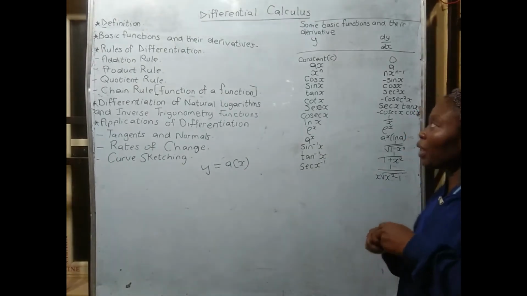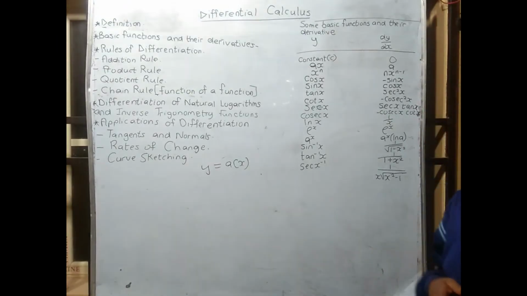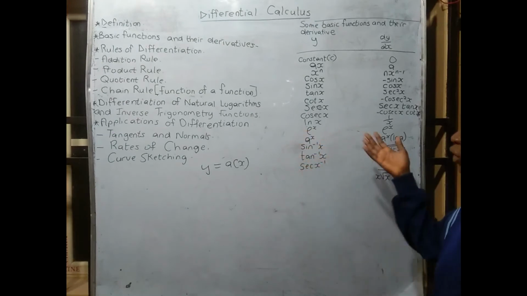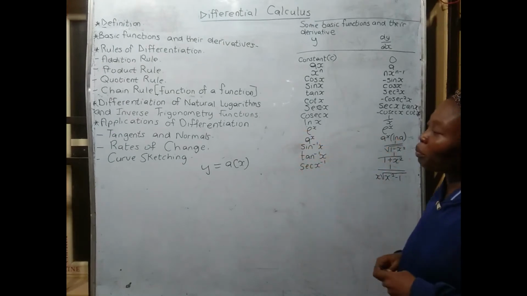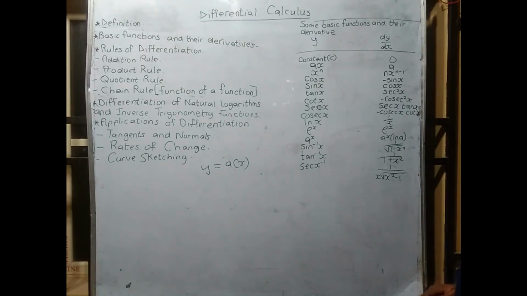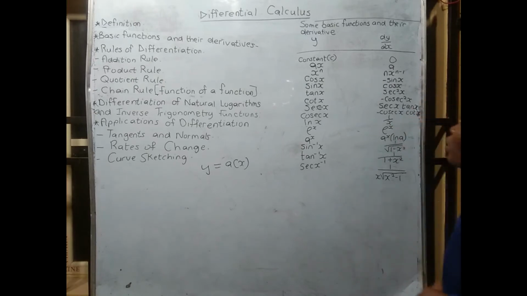The end point of calculus is to actually apply it in our everyday or day-to-day life. So we have a number of places in which we can apply our differentiation or differential calculus, and we'll be checking all of those. So now we are going to be checking the basic functions and derivative of differential calculus.